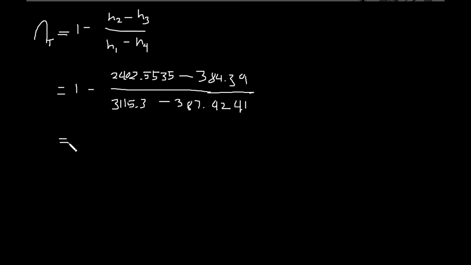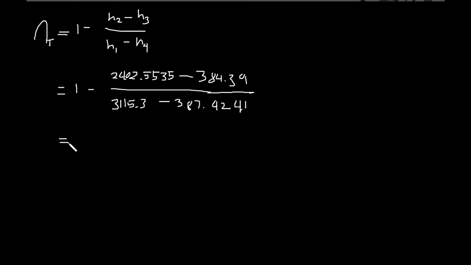So 2402.5535 minus 384.39 divided by 3115.3 minus 387.4241.